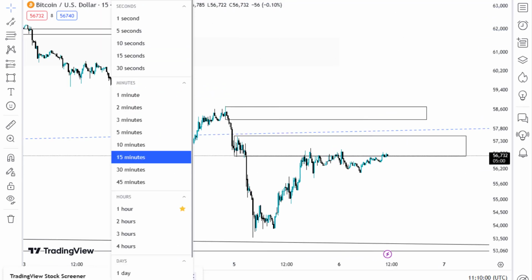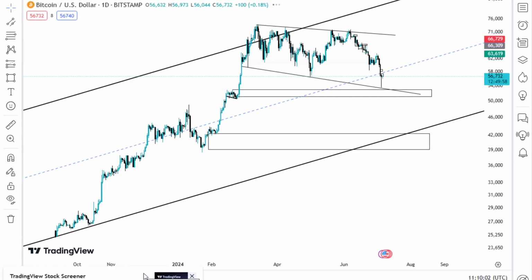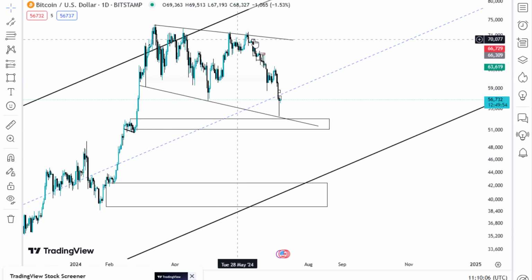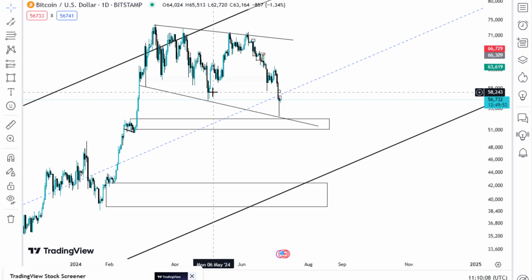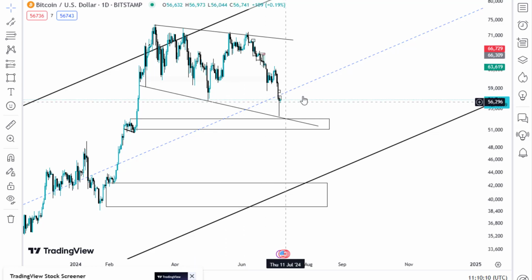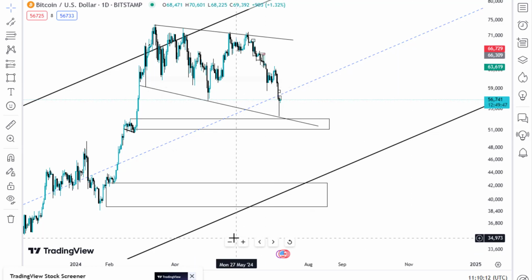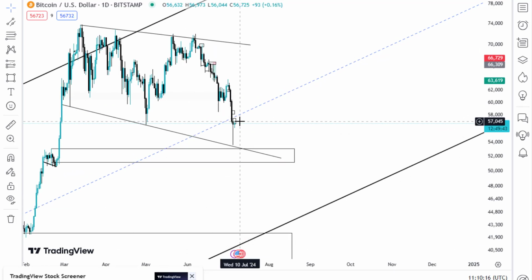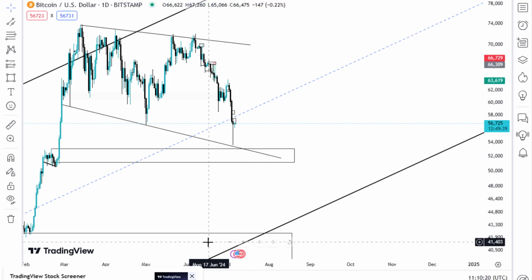Meanwhile, talking about BTC, we had a scenario where price was rejected from a key zone. We expected price to pull back as soon as it got to this demand zone, but it didn't. So the next expectation for BTC is that price is probably going to tap into this zone here, or maybe move right down to this zone.